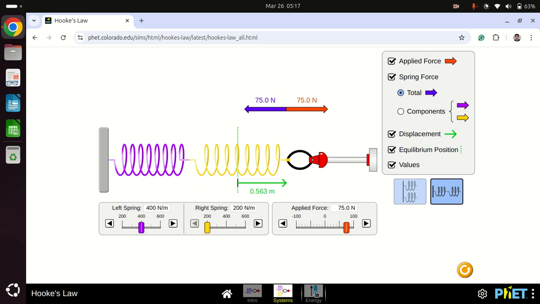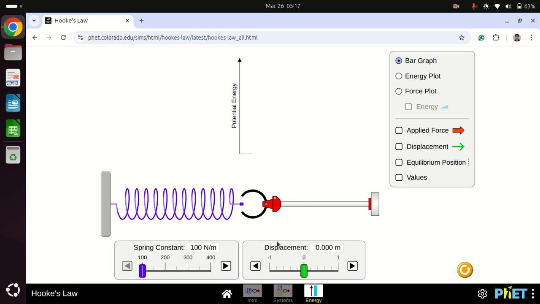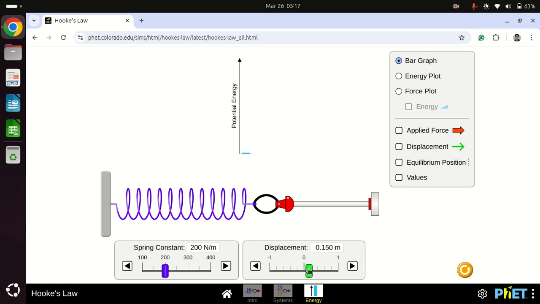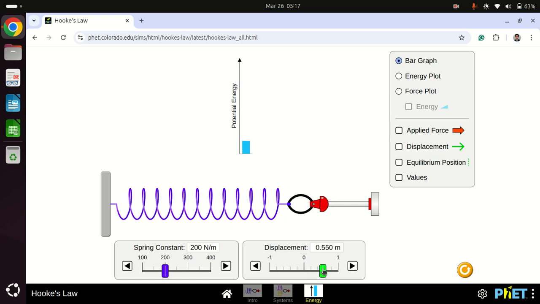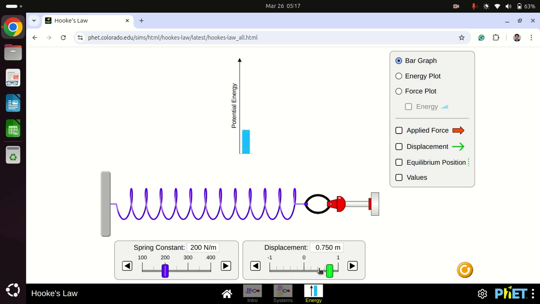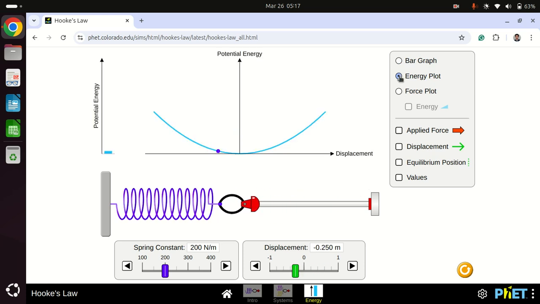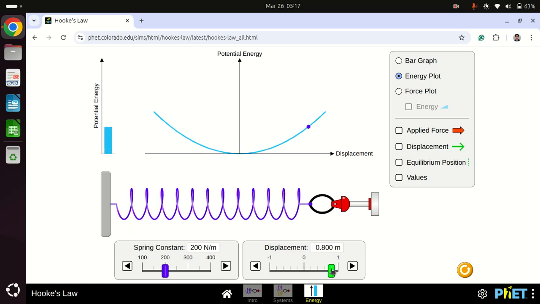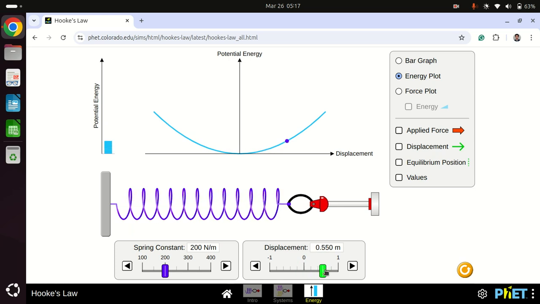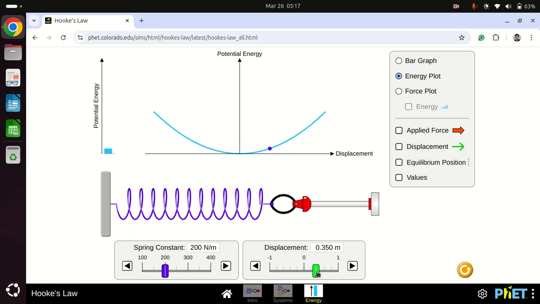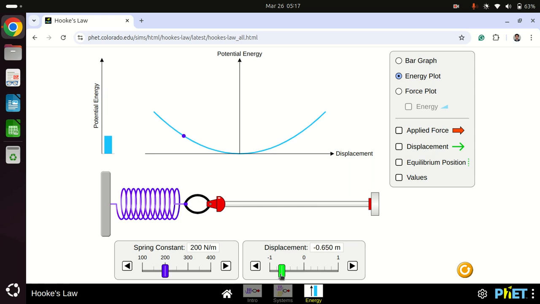Okay, now again here we have energy. If I increase the spring constant and displacement, as I change the displacement here, the potential energy is going to change. Now if we have the energy plot, as I change this, you can see there is an oscillation and the displacement is varying, and with that displacement the potential energy changes.